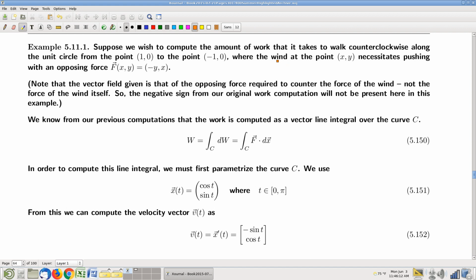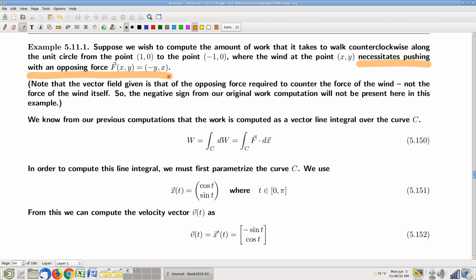This says that the wind necessitates pushing with an opposing force of capital F. That's telling you that the force that I am pushing with is capital F as given.